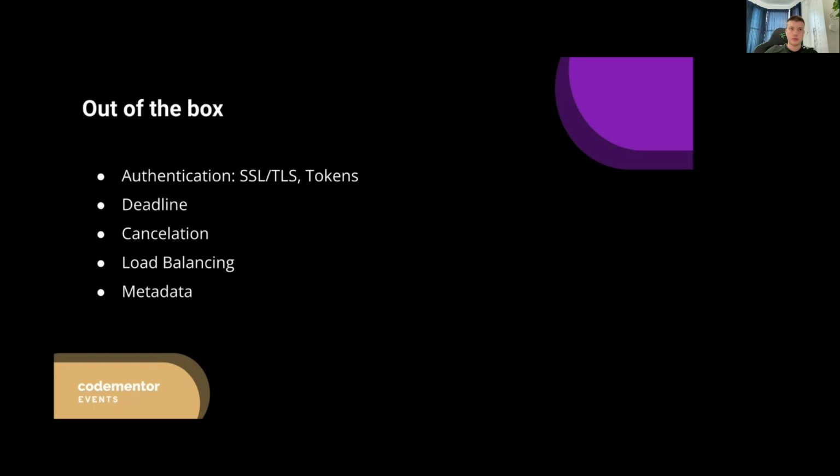If you would, for example, use Go, this metadata will be injected into your context variable. So again, it's some sort of abstraction for you, so you don't need to think about whether these are headers or not. It's more like some metadata that is passed during your call propagation.